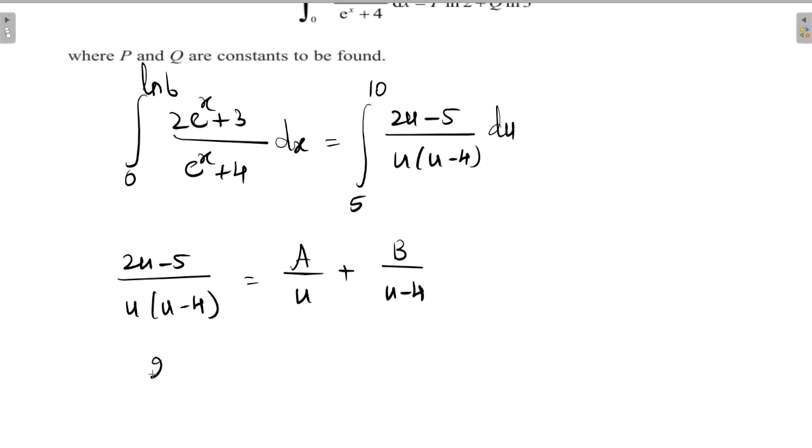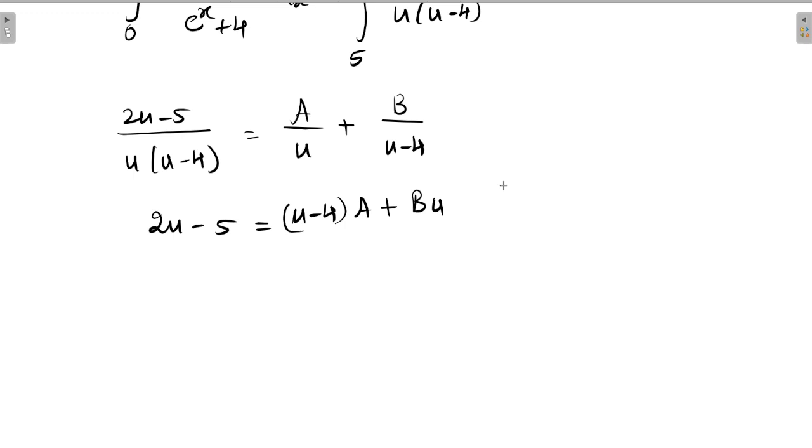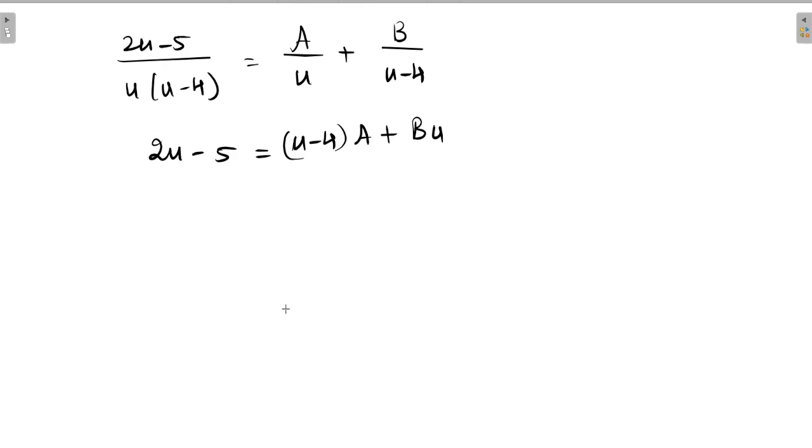The numerator is 2u minus 5, which is equal to u minus 4 times a plus bu. We can remove the bracket by equating the coefficient of u and the constant term. So 2u minus 5, which is equal to au minus 4a plus bu.